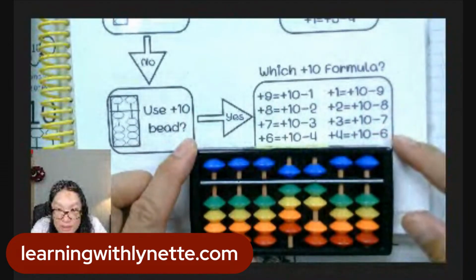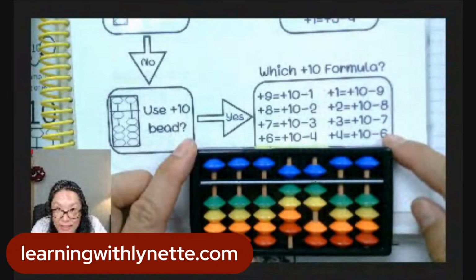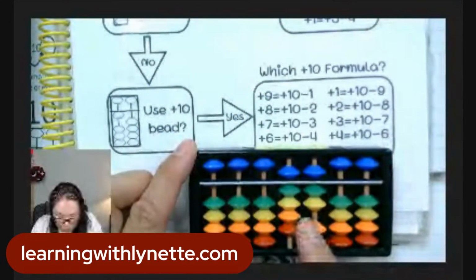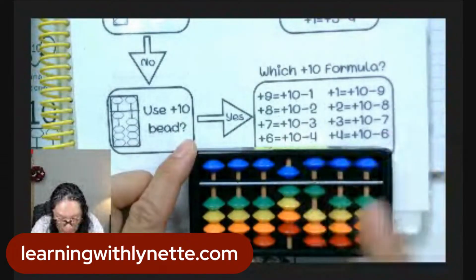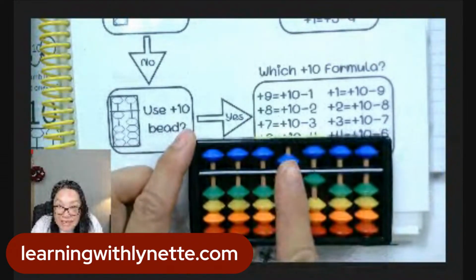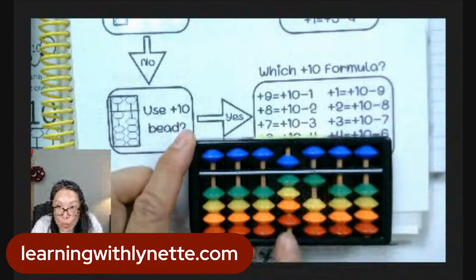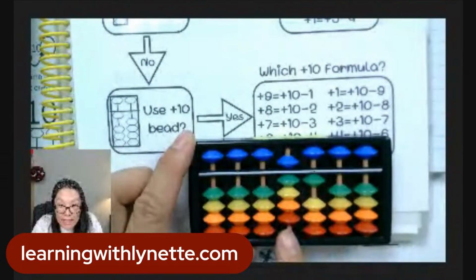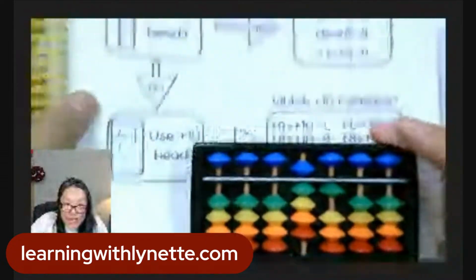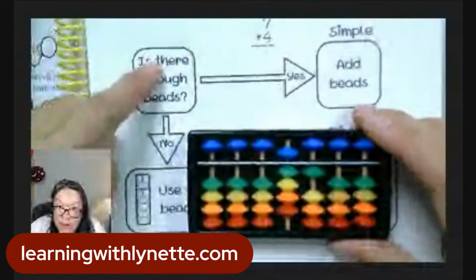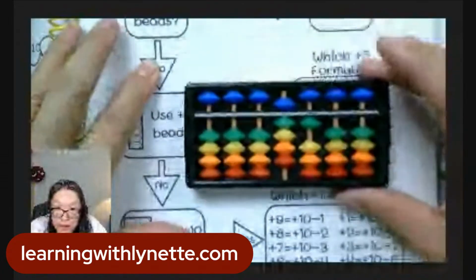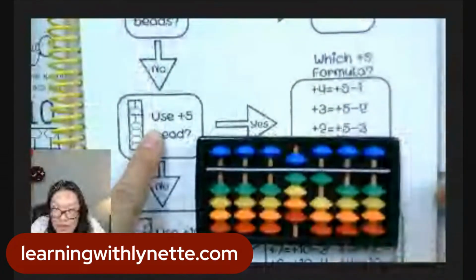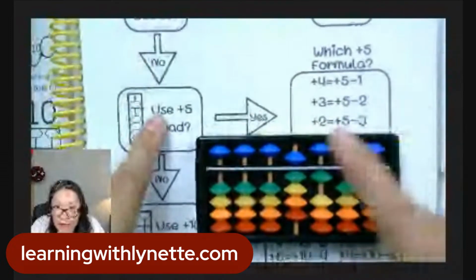Thank you, Marvin. So we're here now, right? Plus the 10 minus the 6. So I'm going to minus the 6, and we're going to plus the 10. So what does that mean? Is there enough beads to add the 1? No. Is there enough beads to add the 5?